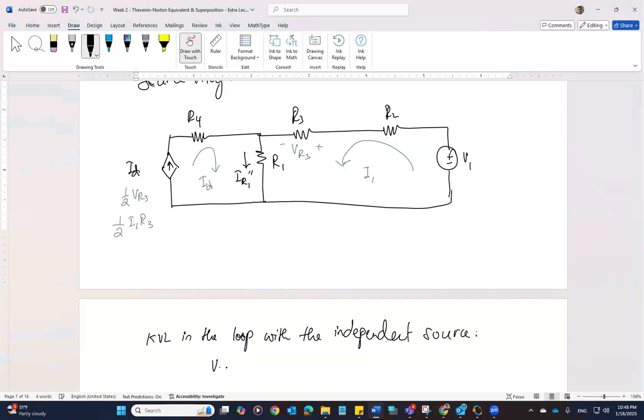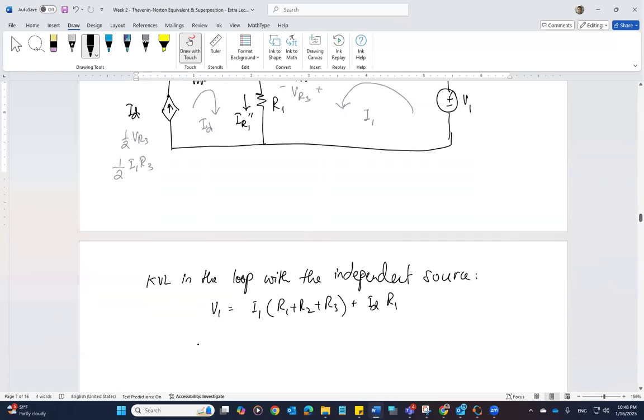And that is going to give us V1 is equal to I1 times (R1 plus R2 plus R3). And then ID is going in the same direction, so plus ID times R1. So V1 is equal to I1 (R1 plus R2 plus R3) plus ID, which is half of I1 R3, times R1.